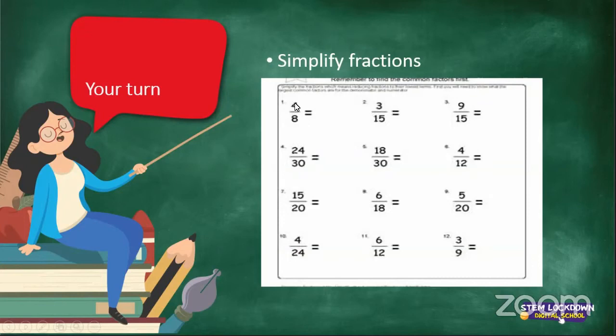If you divide 4 by 2, you'll have 2. If you divide 8 by 2, you'll have 4. So the first simplified fraction will be 2 over 4. Then you divide by 2 again. 2 divided by 2 is 1, and 4 divided by 2 is 2. So you will have 1 over 2, which is a half.